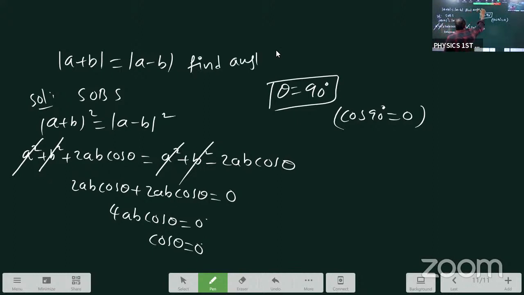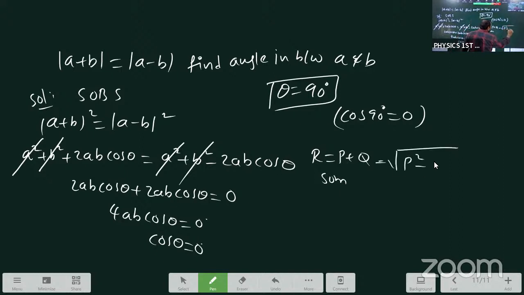Find the angle between A and B. First, modulus of A plus B is equal to modulus of A minus B. Squaring on both sides, A plus B whole square equals A minus B whole square. In the parallelogram law, with P and Q, R equals P plus Q. This is the sum: P square plus Q square plus 2PQ cos theta.